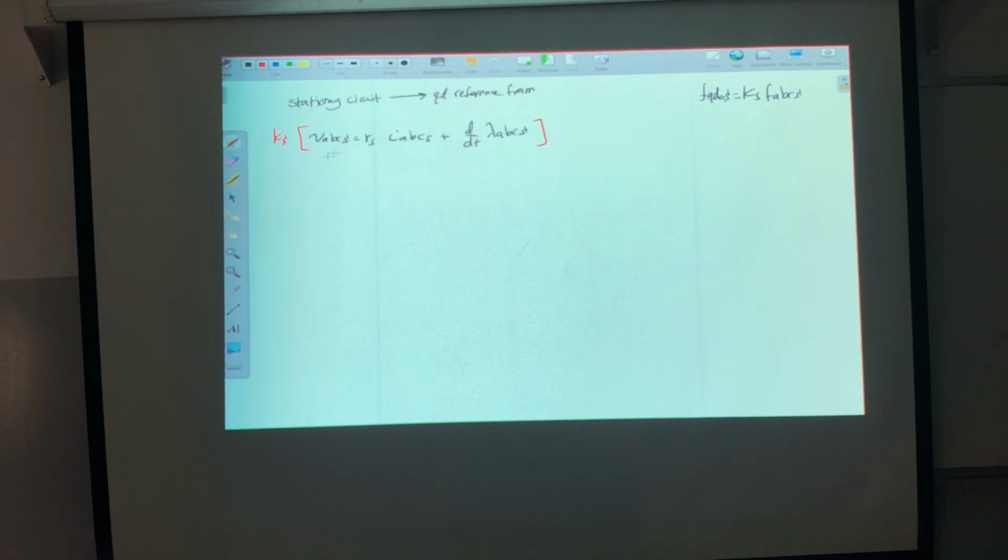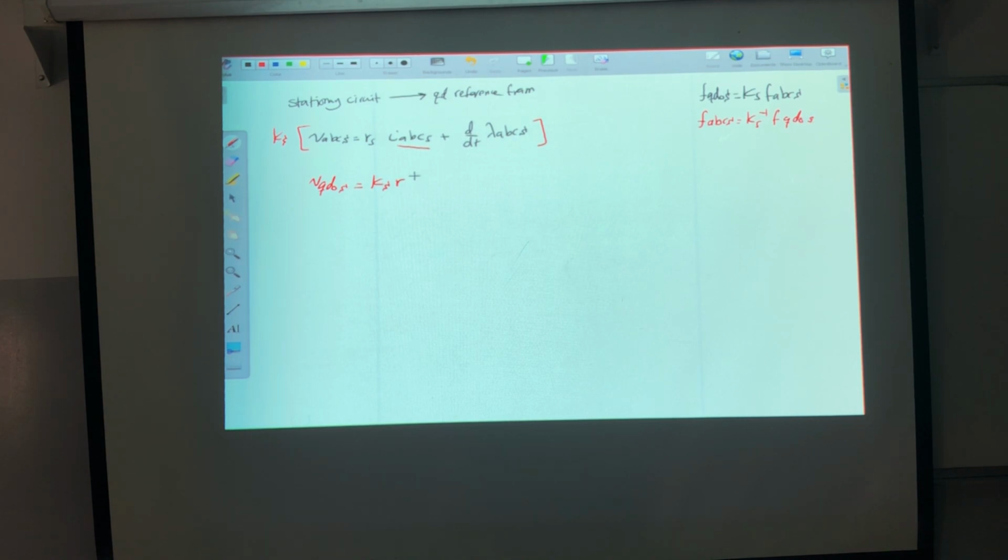The VQD0S will equal KS times R, and here I need to use FABCS equal to KS inverse FQD0S.